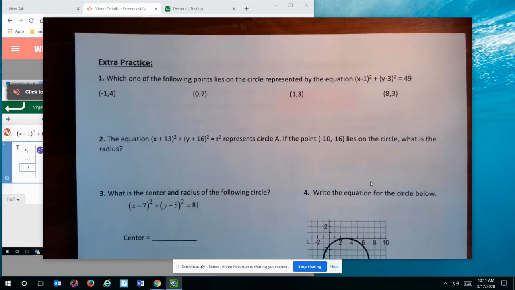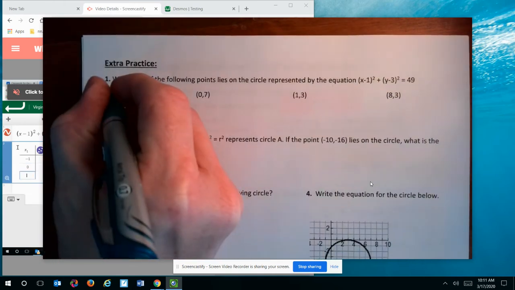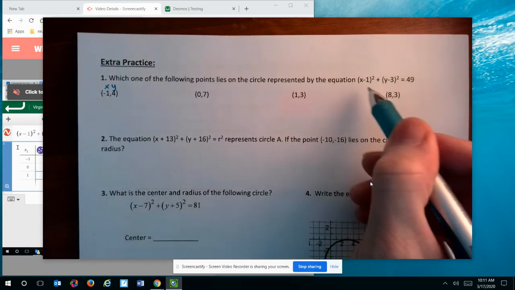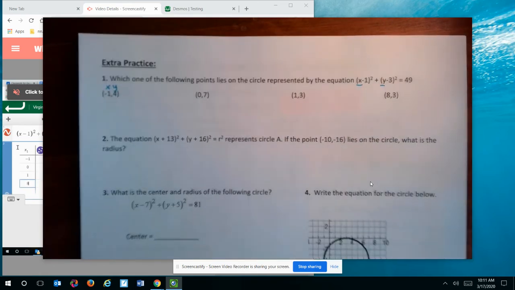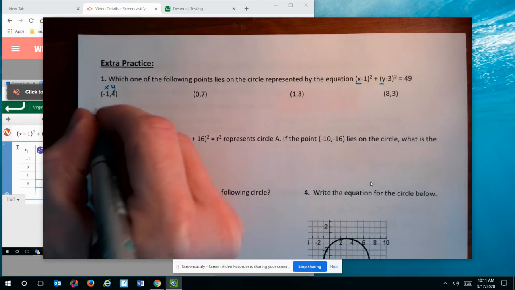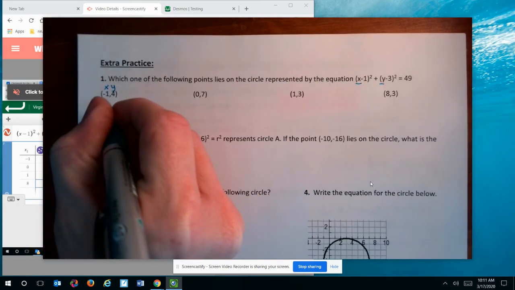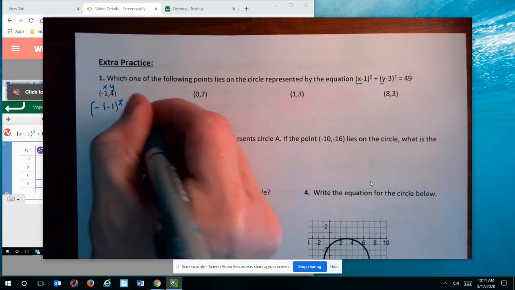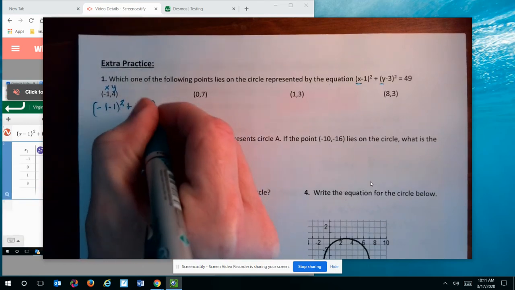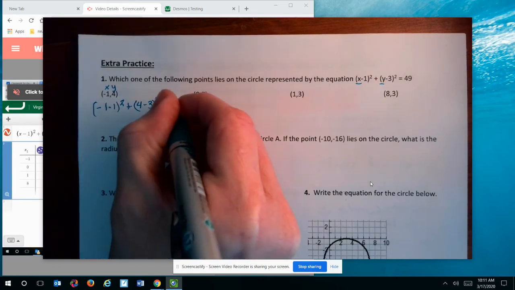The first approach is substitution. By substitution, I mean the x and y values that you're given can be plugged in to the equation in these locations. So I'm going to do that now. (-1 - 1)² + (4 - 3)² = 49.